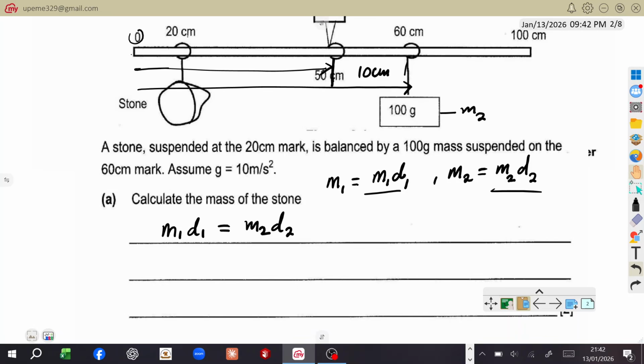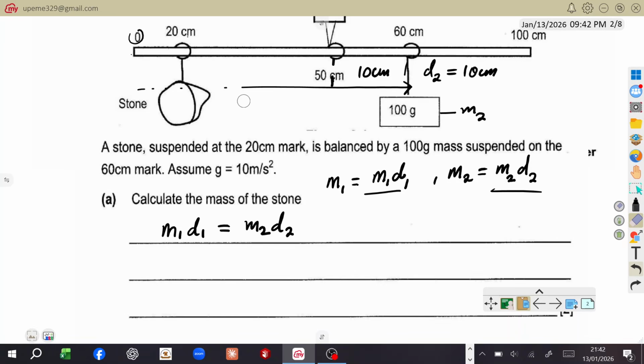You're saying from here to there is 50, then from here to there it is 60. Then what about from here to there? Just 60 minus 50, you get 10. So this is D2, meaning D2 is equal to 10 centimeters.